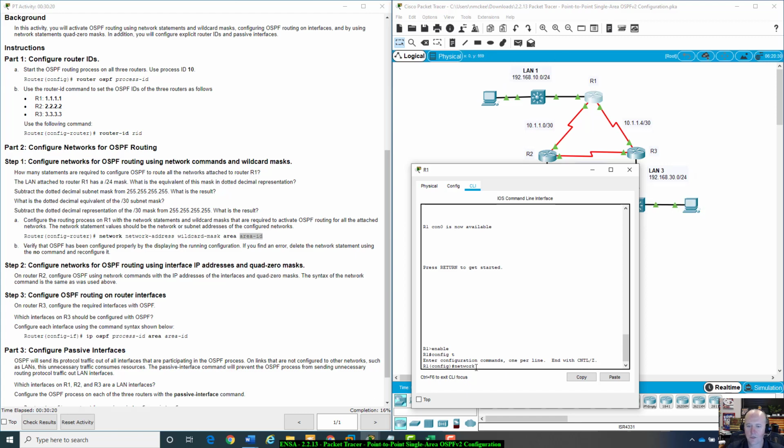There's the network address right there, 192.168.10.0. Now enter a wildcard mask. If the subnet mask is 255.255.255.0, we're going to flip those around, so 0.0.0.255, and the area is 0.